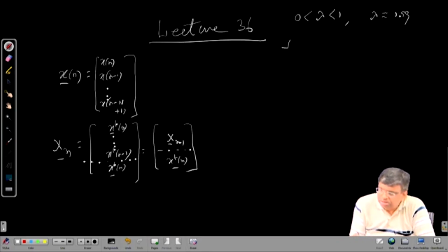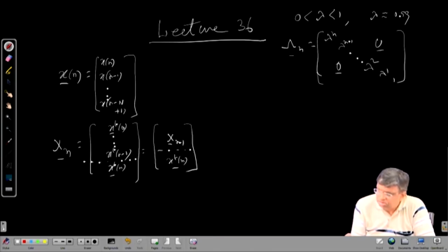So, we had this matrix: lambda to the power n, lambda to the power n minus 1 dot dot dot lambda square, 1, 0, 0. If you take out this part, this 1 remains, all of them have lambda, so take lambda common.